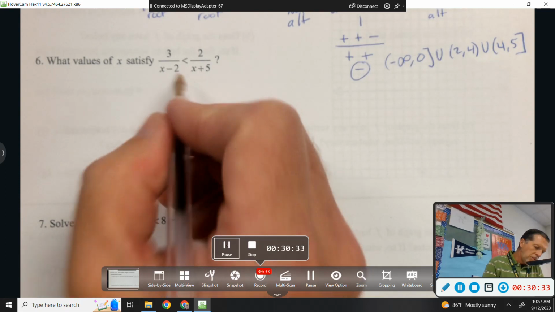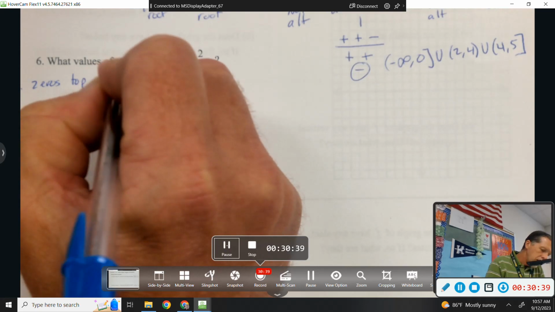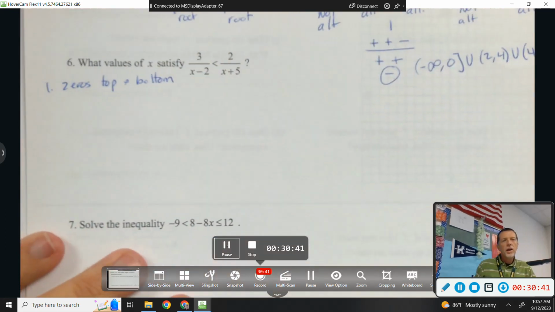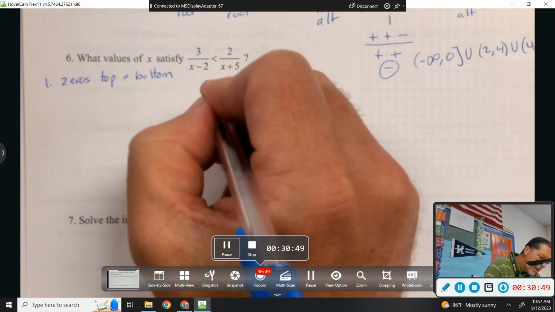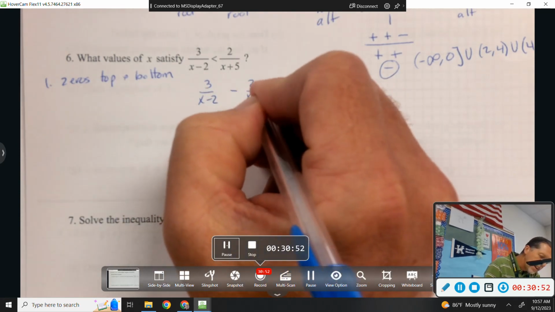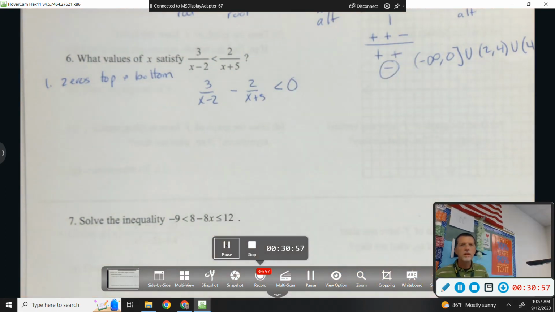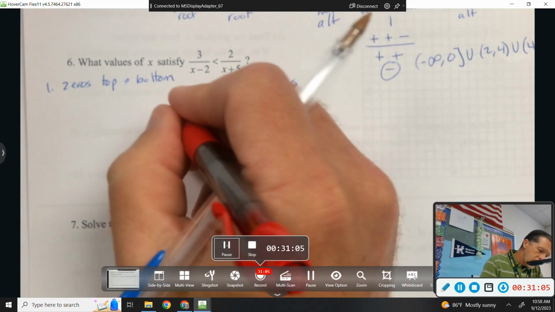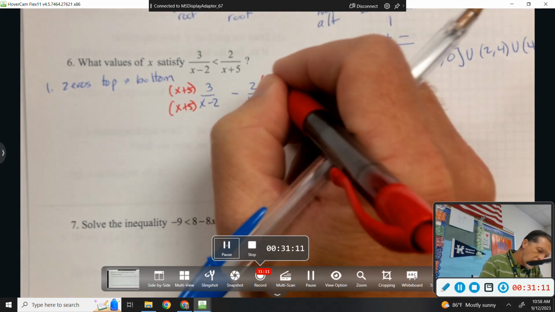Number 6. Remember step 1 was zeros of top and zeros of bottom? But that sort of suggests I need a top and a bottom, not two sides of an equation. So I'm going to move one of those to the other side. And then I'll get a common denominator for both of those.